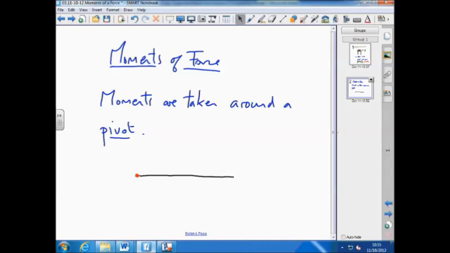So that might be some sort of lever, this black line here, and it's pivoted at one end. That's this end here. So this is the pivot.